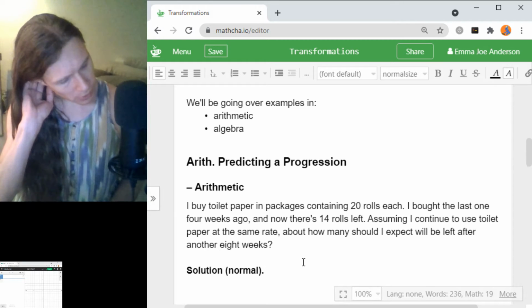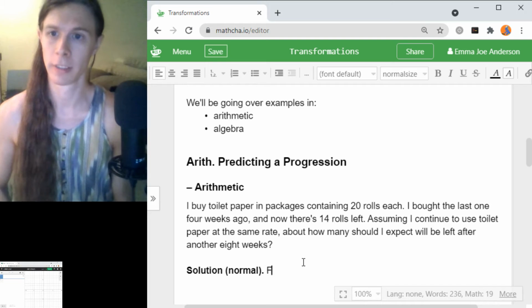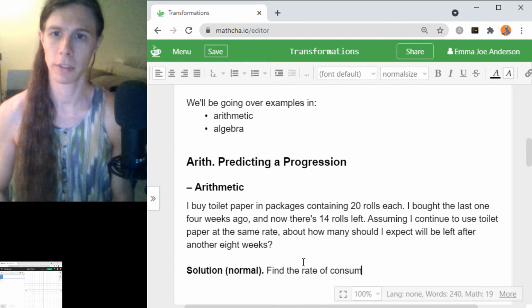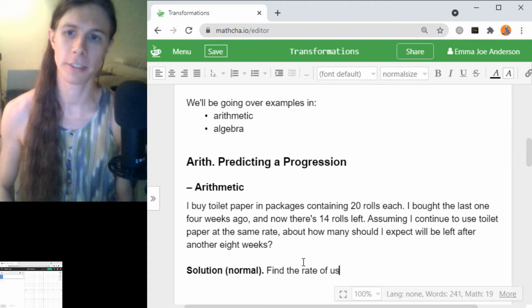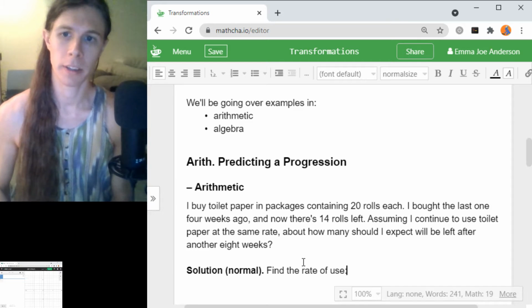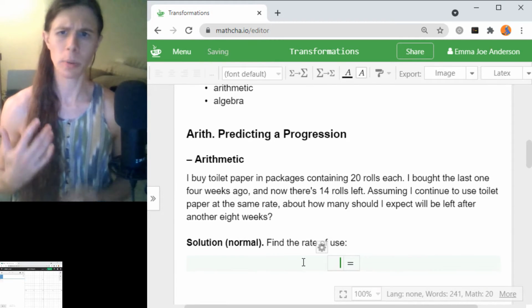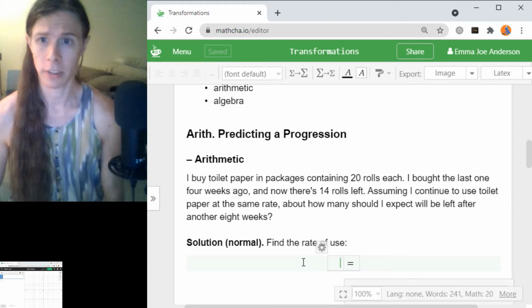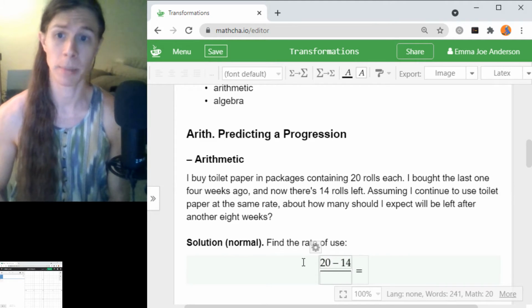So let's say you want to find the rate that I'm currently consuming, the rate of use. So that's how many toilet paper rolls in how much time. So that's going to be, yeah, 20 minus 14 is how many I used.